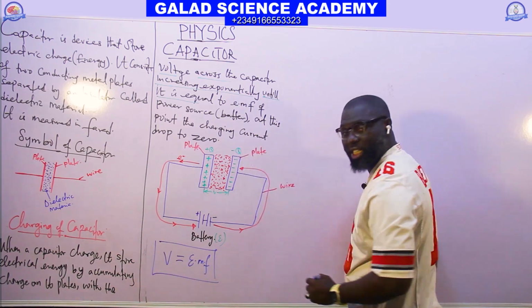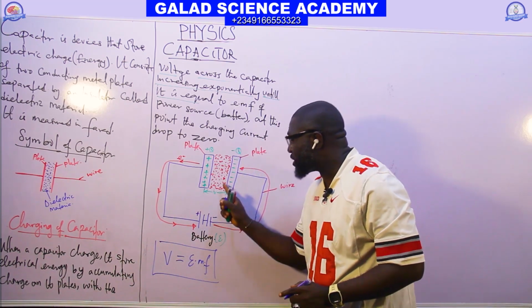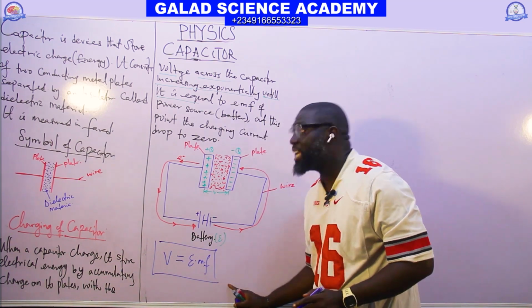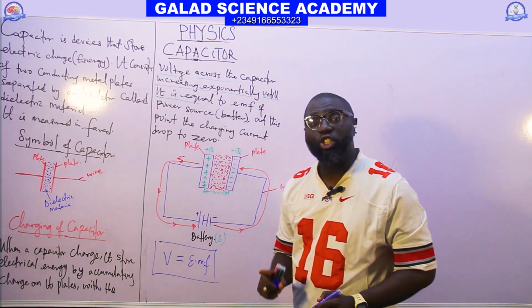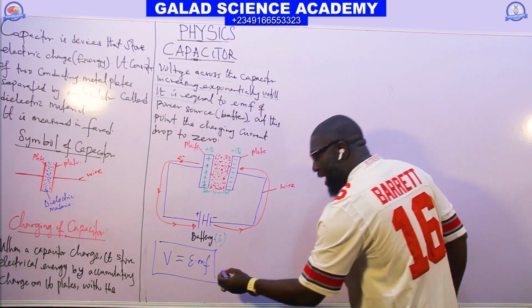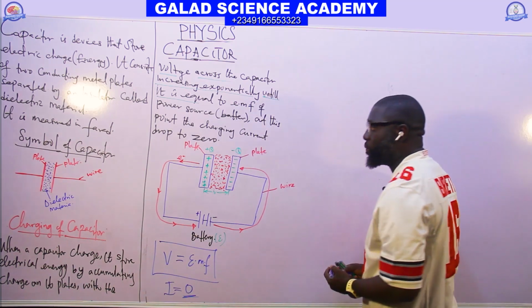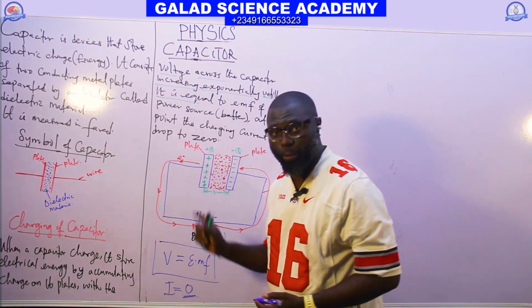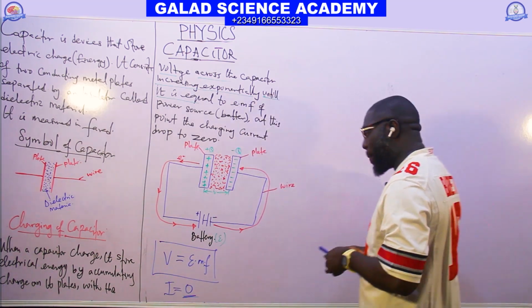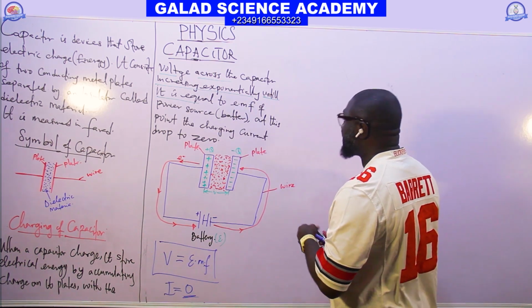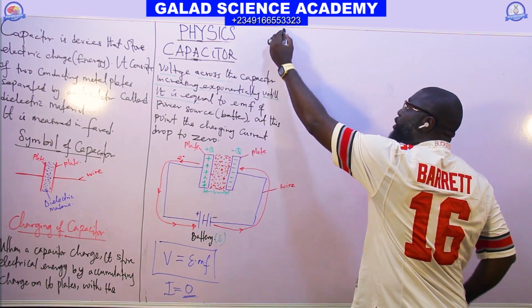When the potential difference of the capacitor is equal to the EMF of the battery, the capacitor is fully charged, and the current in the circuit will be equal to zero. The current will drop. That is how a capacitor charges. And the next thing is discharging of a capacitor.